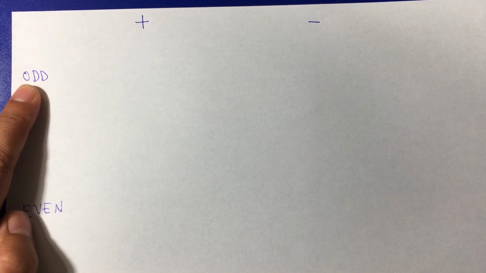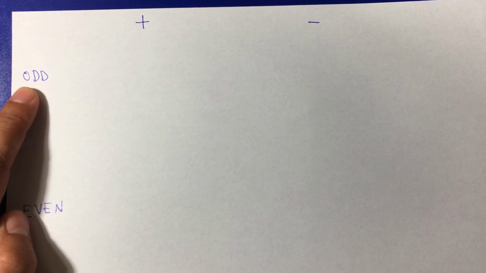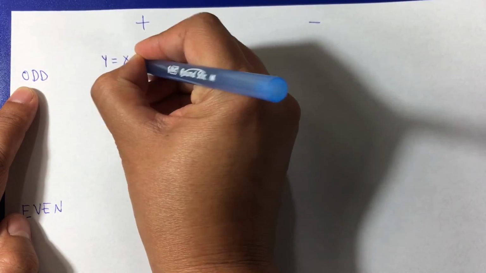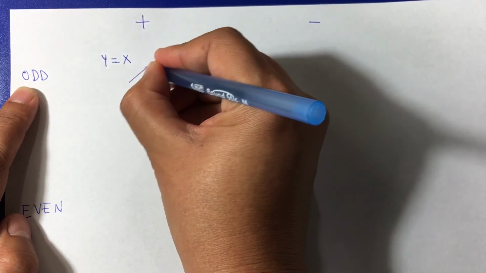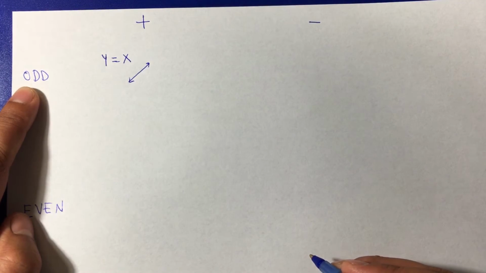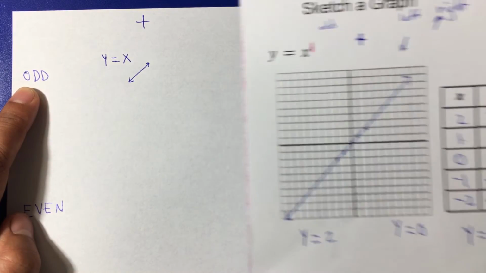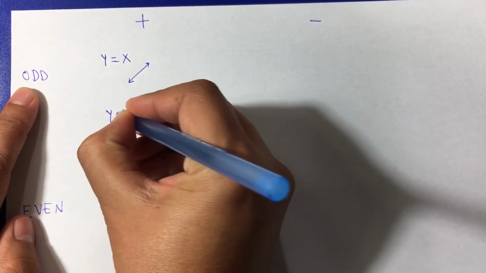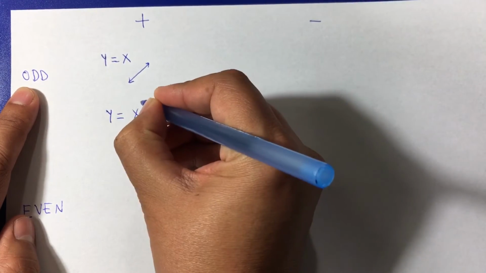Okay, so for the odd, we have positive coefficients. When we had y equals x, we had this type of graph right there. We also had y equals x cubed.